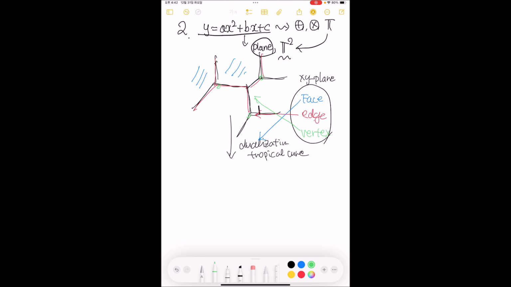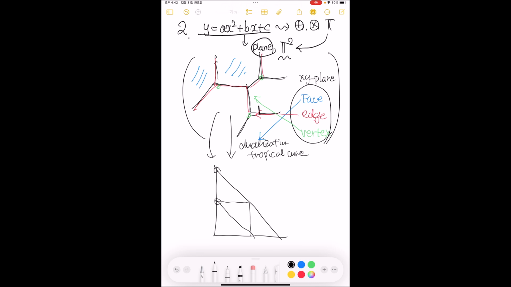In a tropical curve, we can consider a dualization of the tropical curve. The question is, what is the geometrical meaning of this dualization of the tropical curve? In the third lecture, I will deal with this in detail.